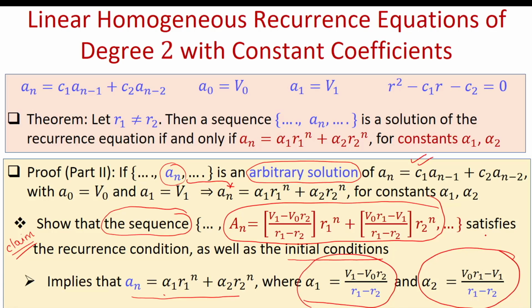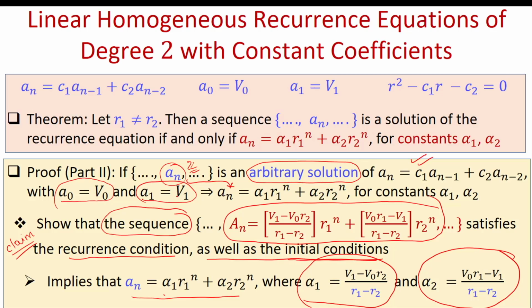This is because I can't have two different arbitrary sequences satisfying the same recurrence condition and having the same initial conditions, right? As per my claim, I have one sequence satisfying the recurrence condition as well as the initial conditions, and I am also given another sequence whose structure I don't know, whose A of n I don't know, which also satisfies the recurrence condition as well as the same two initial conditions.